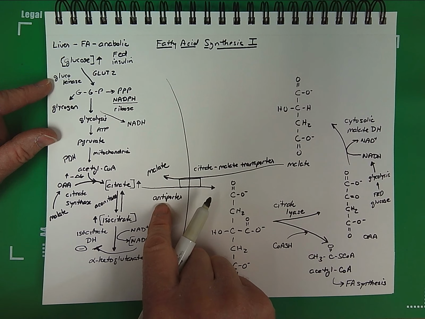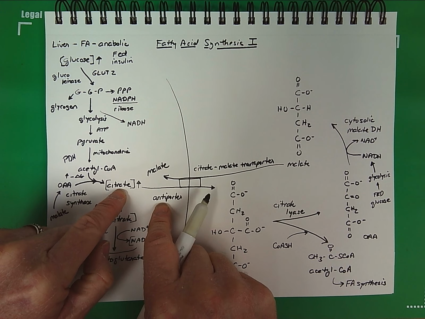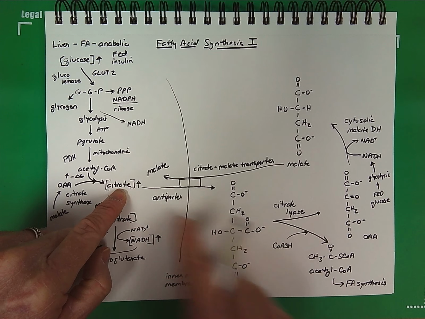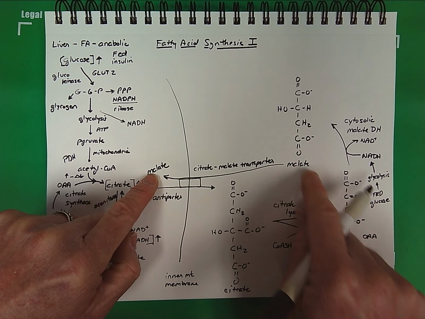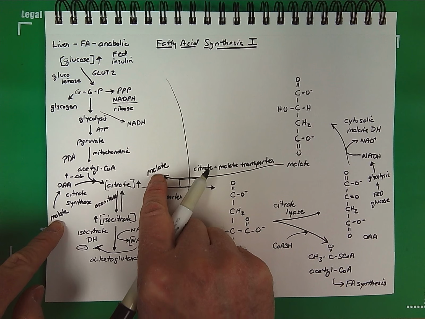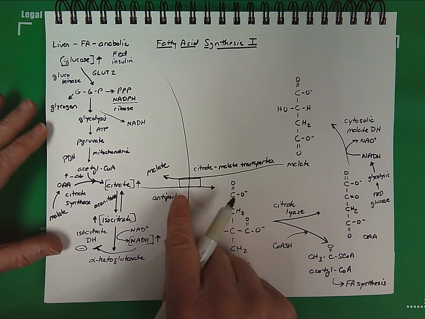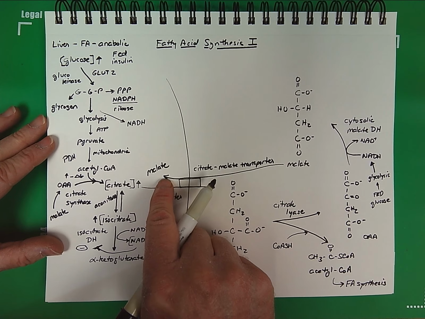So the antiporter activity is bringing the carbon source, citrate, which is the carrier of acetyl-CoA, out into the cytoplasm, and malate is returning into the matrix of the mitochondria so it can be oxidized into oxaloacetate. So this reaction is performing two essential functions.